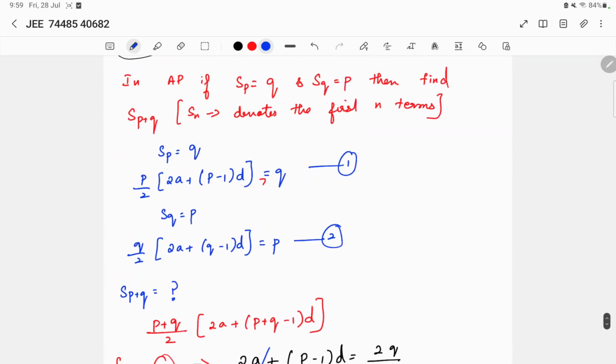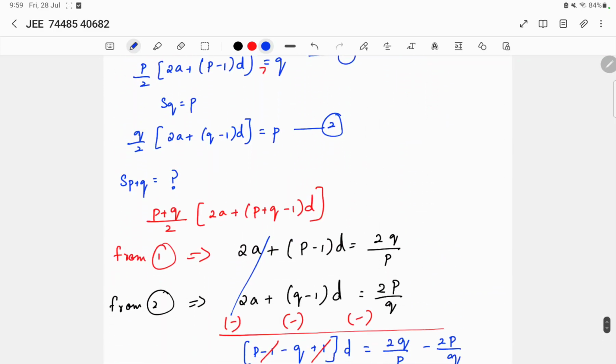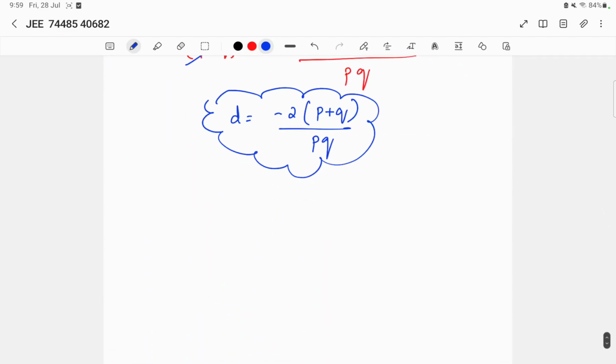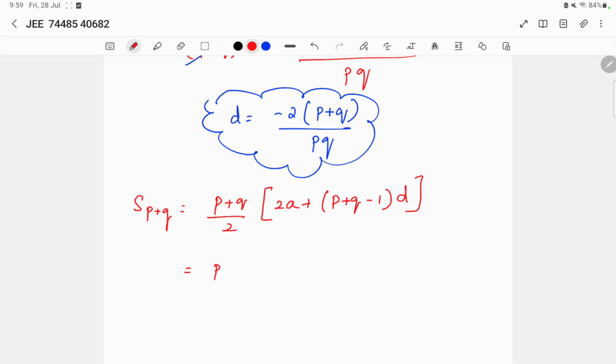Now I can substitute this value of D in SP plus Q, the sum of P plus Q terms. Let me write that again. It will be P plus Q by 2 into 2A plus P plus Q minus 1 into D. So this will be equal to P plus Q by 2 into 2A plus, see here, P plus Q minus 1 into D, can I write this as P minus 1 into D plus QD?